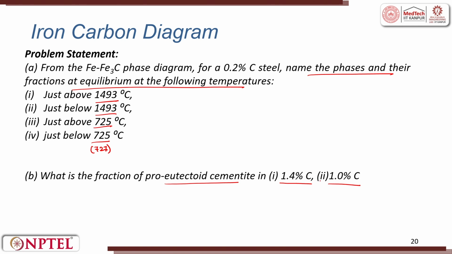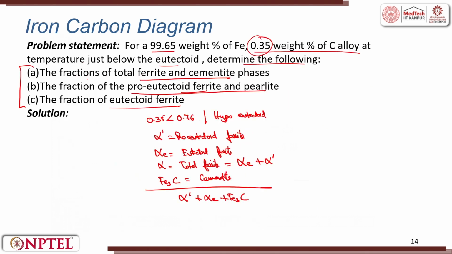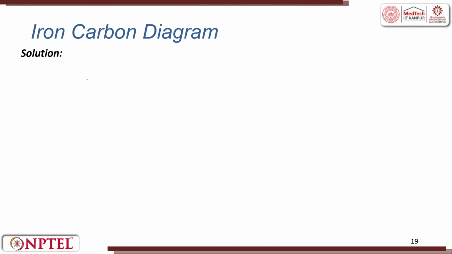So, 1493, if you remember, is the point where our delta ferrite exists. So, this is what they are asking. Here we have delta ferrite at 1493 degrees centigrade. Then above this, what is there? Below this, what is there? This we all know, using the lever rule only we need to calculate this. If you wish, I will just give you some hints so that you can solve this problem.